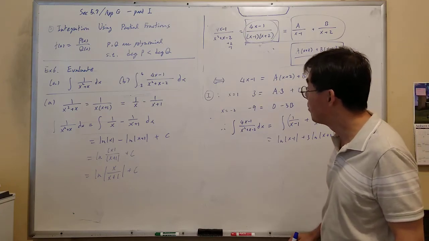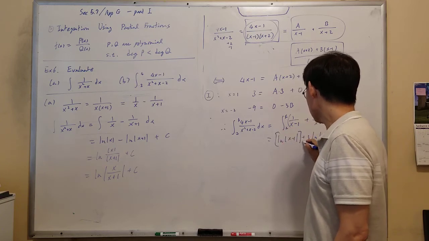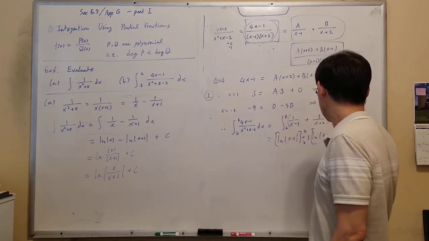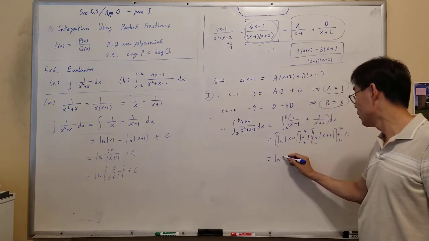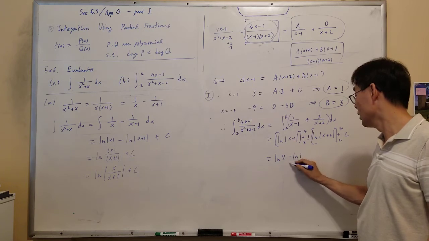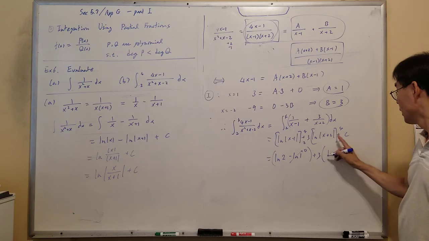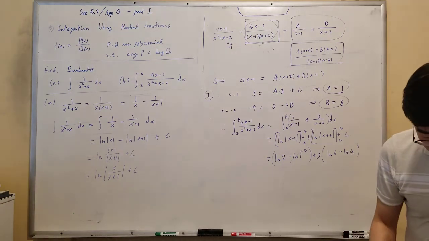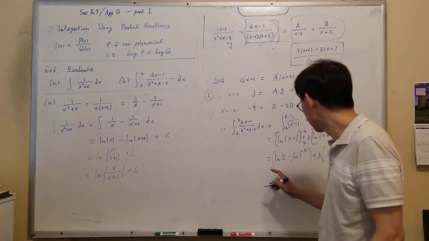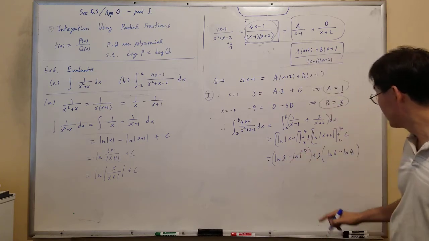But if you want to evaluate from 2 to 4: ln of 3, ln of 1 which is 0, plus 3 times ln of 6 minus ln of 4, right? So that's going to be ln of 3, I'm sorry, 4 minus 1 is 3.